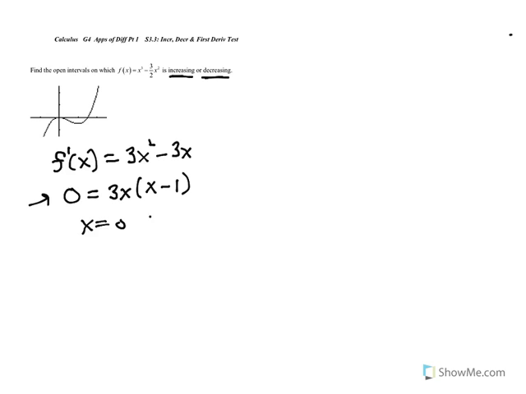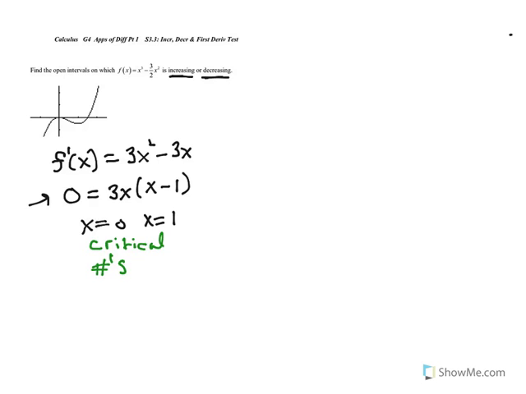If x is 1, that's another solution where f prime was 0. So these are the critical numbers. So if the function f is going to change direction, it's going to take place at these particular critical numbers.